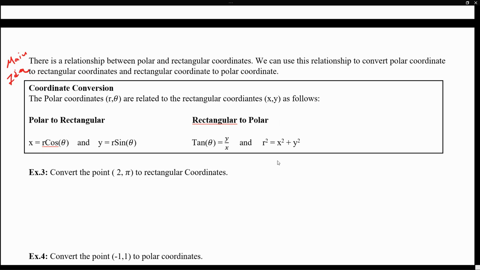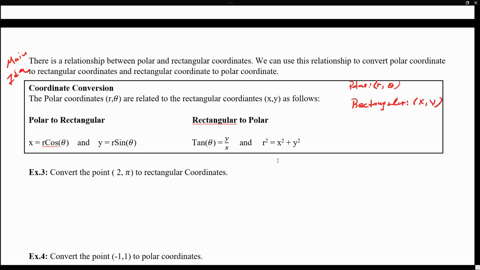In order for us to define a point in a polar coordinate system, so for polar, we need an r and a theta. And for rectangular, we define as x comma y.